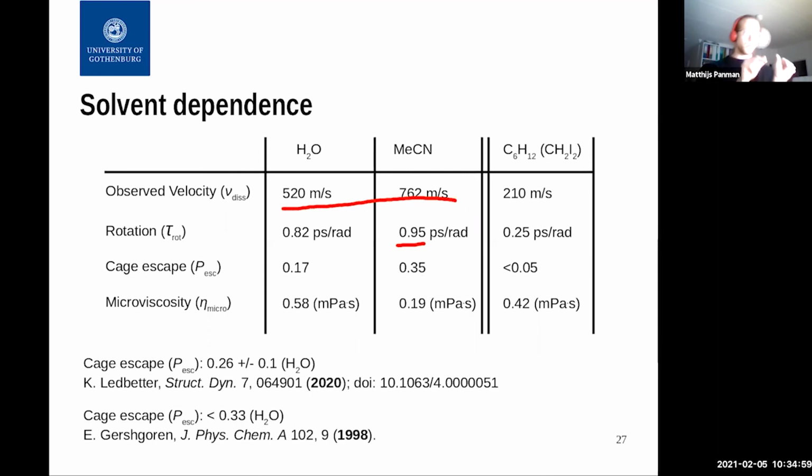So if the molecule is more linear, you would expect that more energy is partitioned into the translational energy than into the rotationals compared to water. So that adds up nicely.